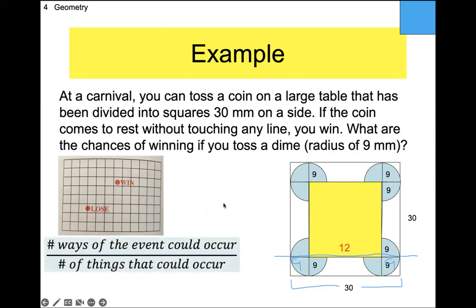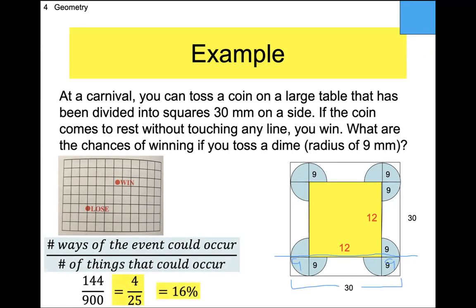So that side of the square, and it is a square, is 12, and so is the other side. The area of that yellow square is 12 times 12, which is 144. And the area of the larger square, 30 times 30, is 900. Reduce that fraction to a decimal, change it to a percent, and we get 16%.